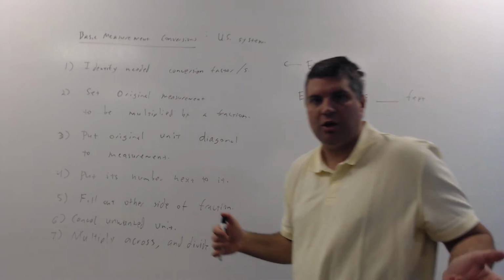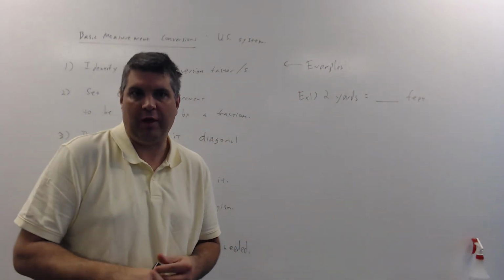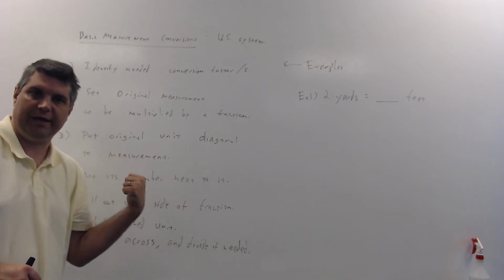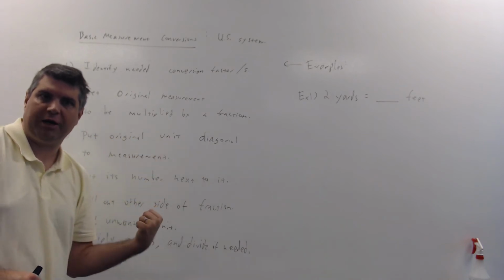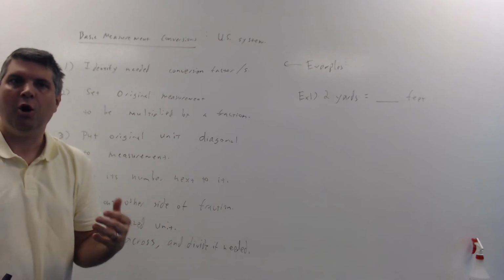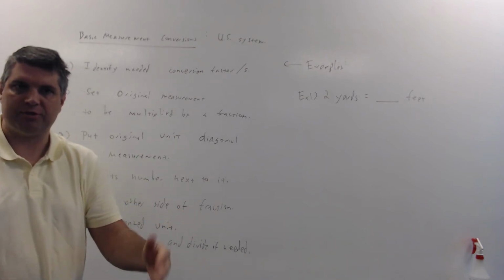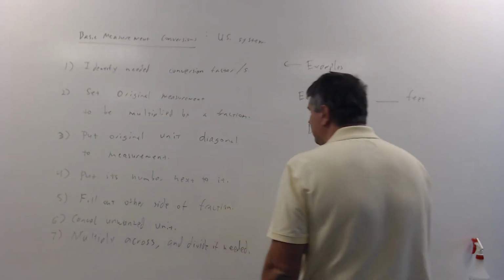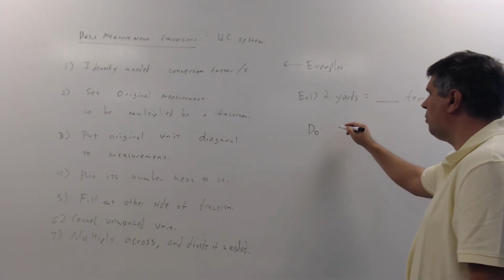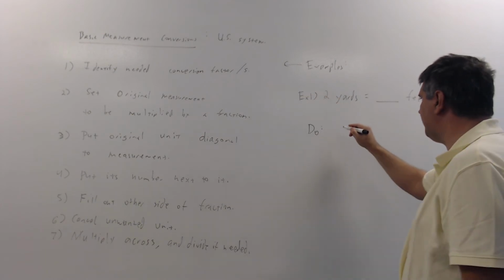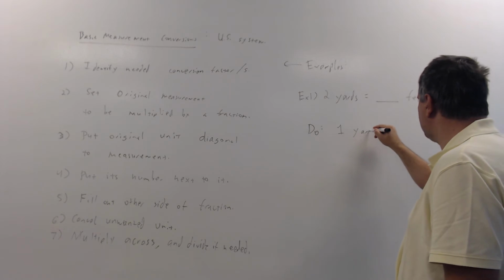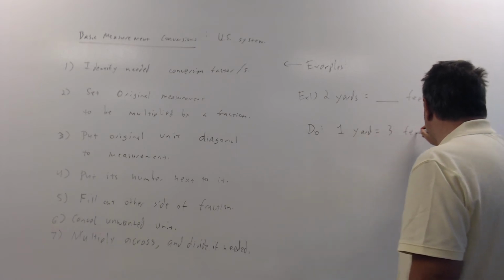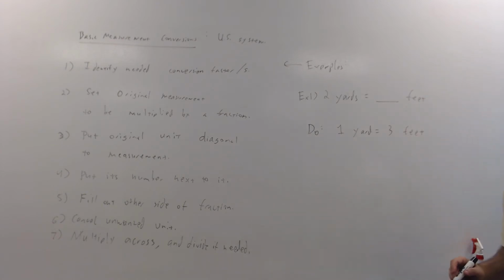Well, yeah, I know that. So let me use this procedure in a problem that's familiar, so it will be easier to do when you're doing more difficult problems. So, step 1, identify needed conversion factors. 1 yard equals 3 feet. Because there's 3 feet to a yard.